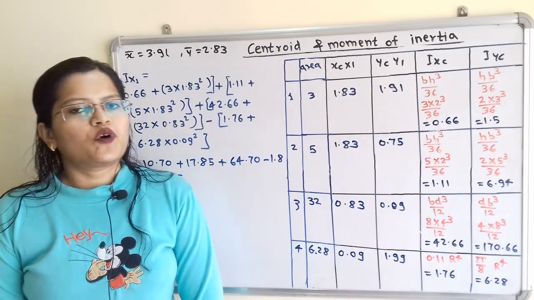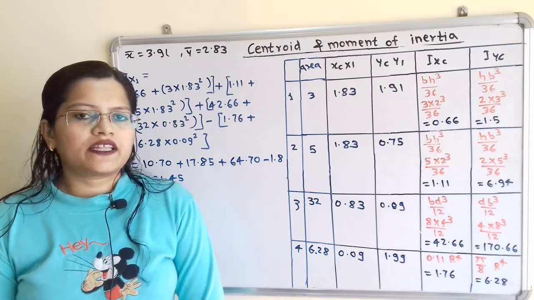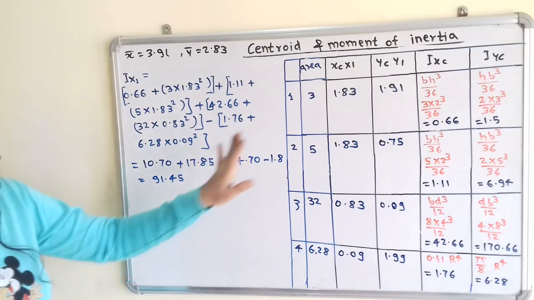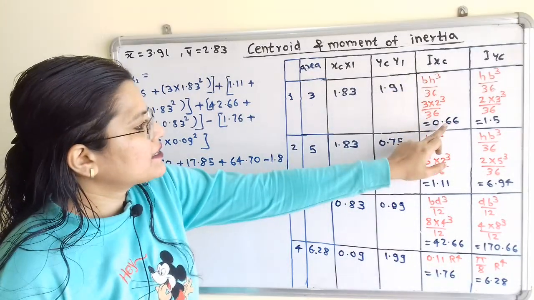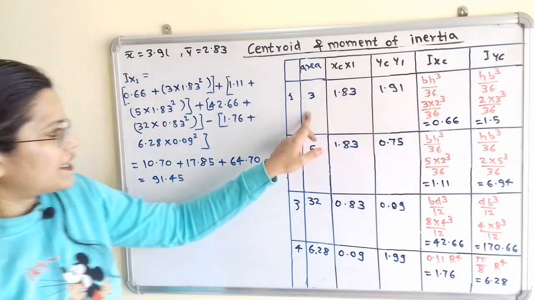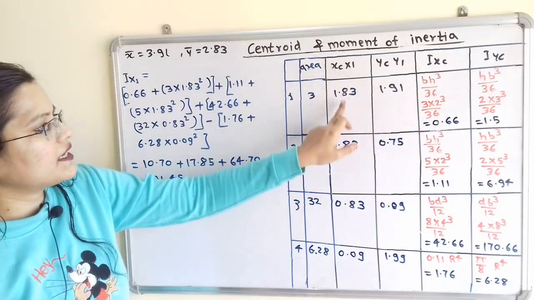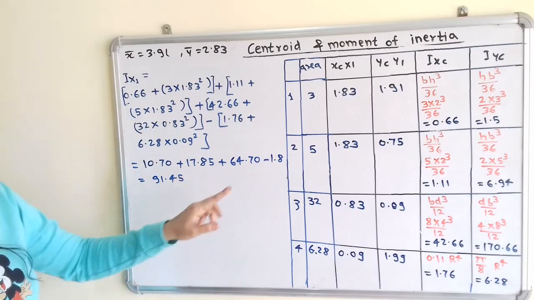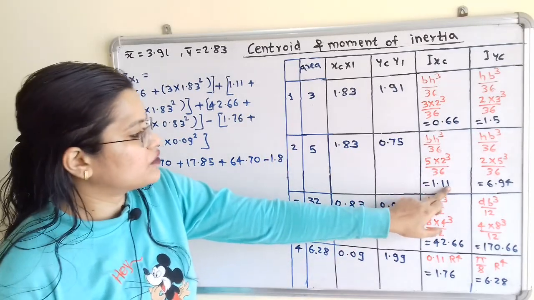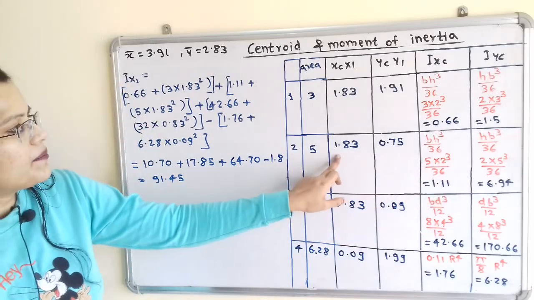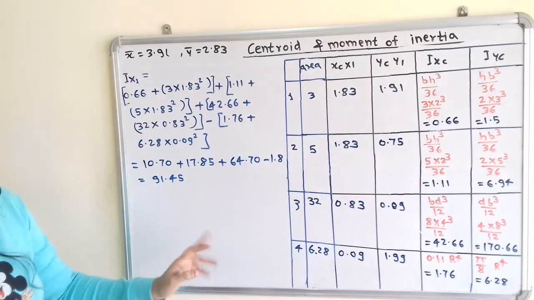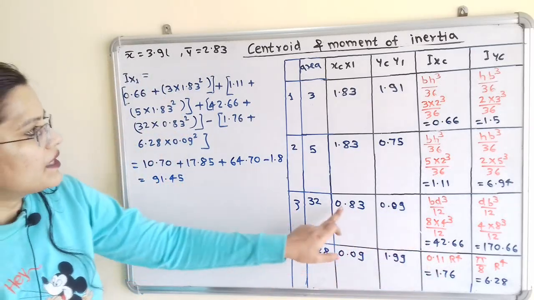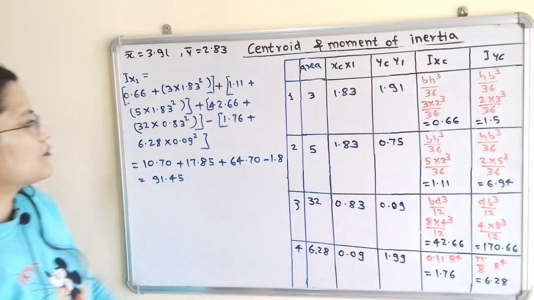We will calculate the moment of inertia of the shaded area along the centroidal axis x1, that is Ix1. So it is equal to Ixc1 plus area multiplied by (xc to x1) square. So we have to write this information in this way. Plus for shape number 2, Ixc2 plus area multiplied by (xc to x1) square, plus Ixc3 plus area multiplied by (xc to x1) square.